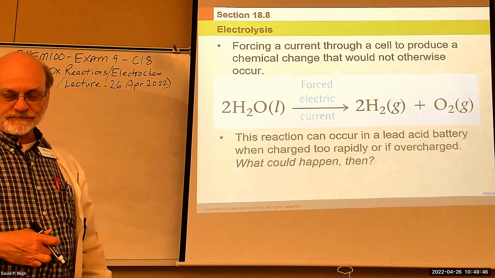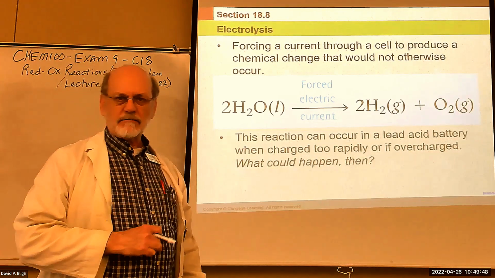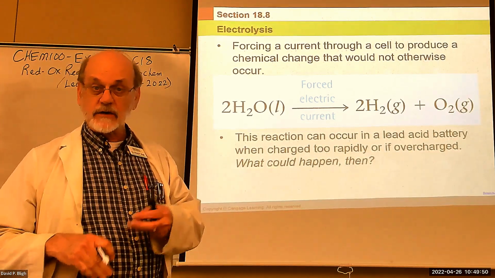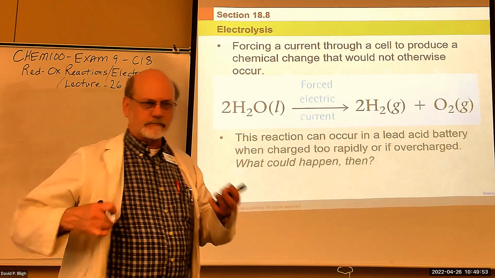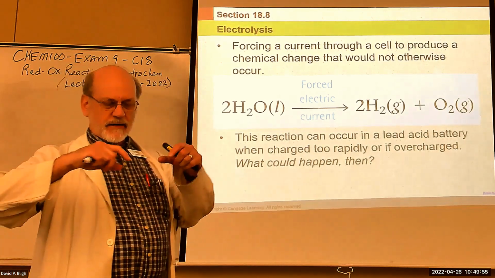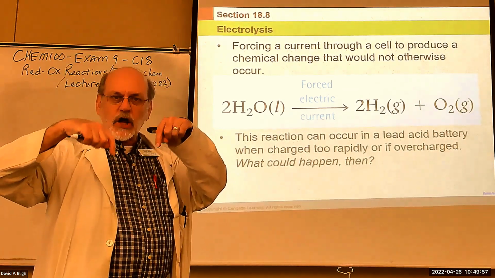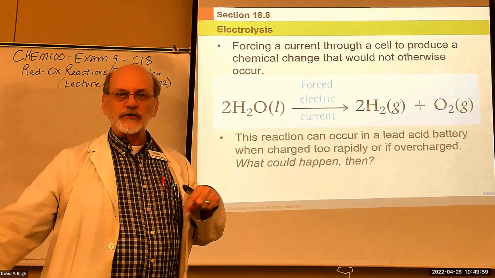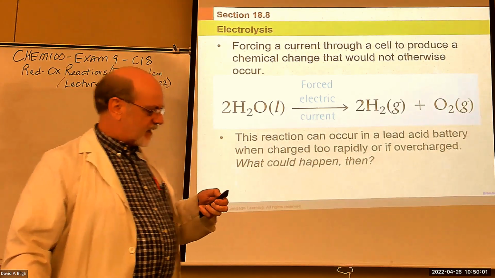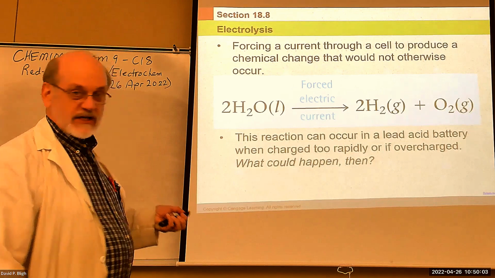Here's one of the dangers. Older lead acid batteries under the hood of your car had little holes in their caps. Those holes were in there to let hydrogen gas out.